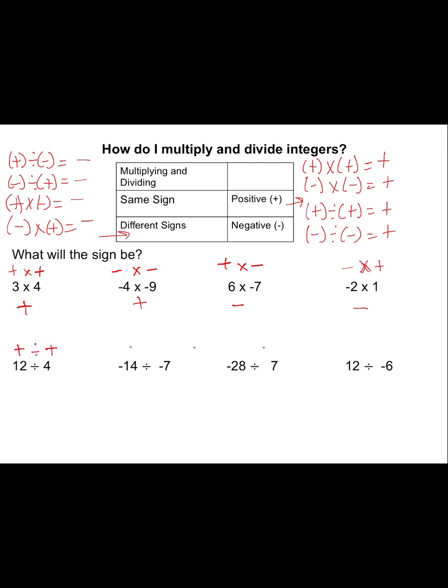Positive divided by a positive, so my answer is going to be a positive. Negative divided by a negative, my answer is going to be positive. Negative divided by a positive, my answer is going to be a negative. Positive divided by a negative, my answer is going to be a negative. Okay?